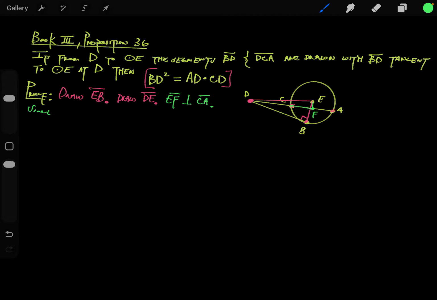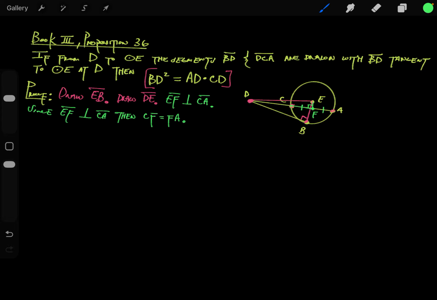Since EF is perpendicular to the chord CA, then we know that when we have a line from the center that's perpendicular to the chord, it bisects the chord, and the other way is true as well. So we know that CF is the same thing as FA. So CF equals FA.